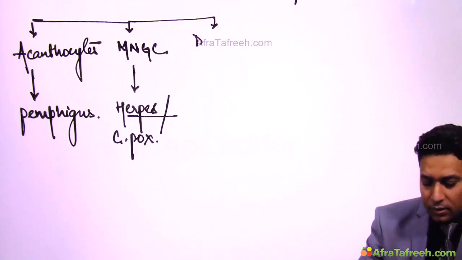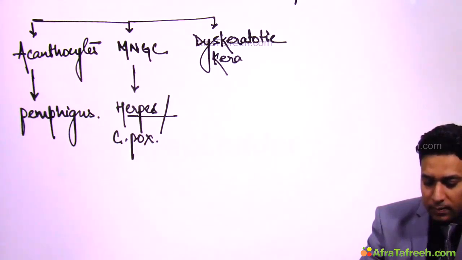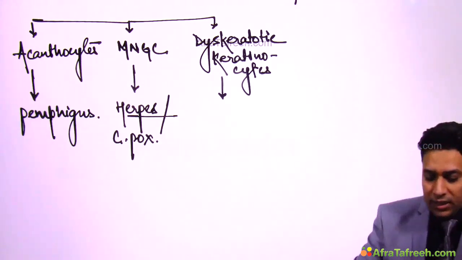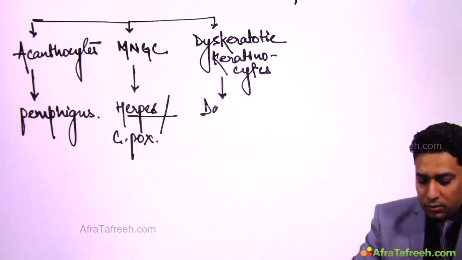If you find dyskeratotic keratinocytes, I told you D for D, so diarrhea disease.